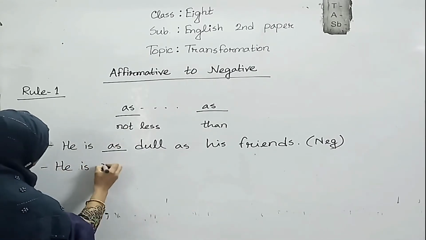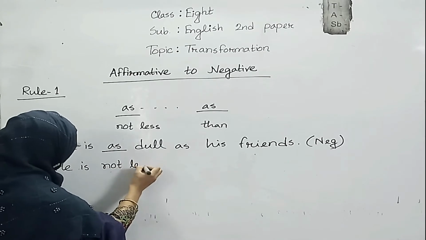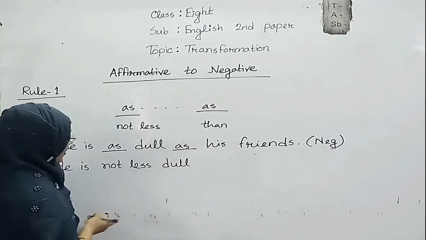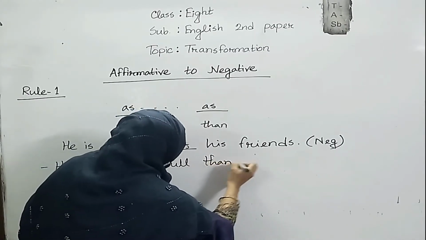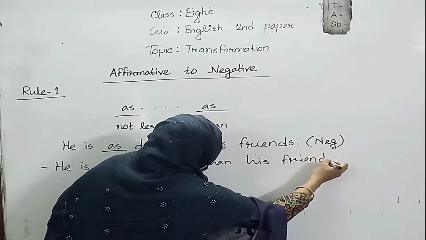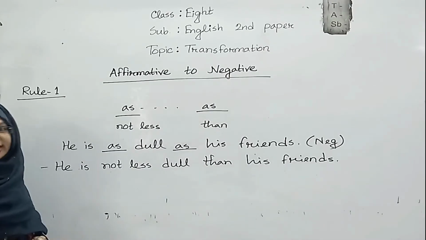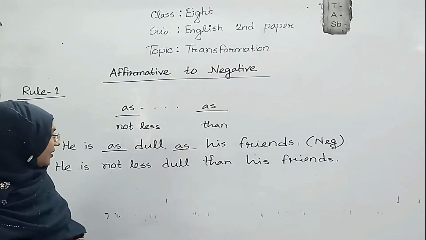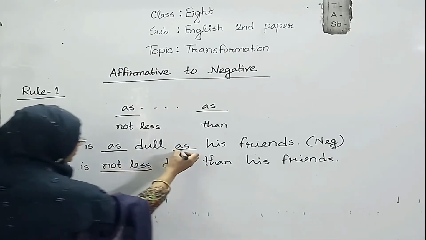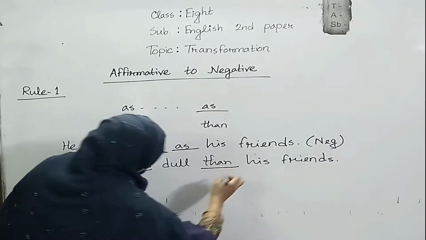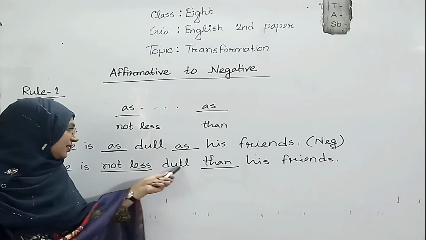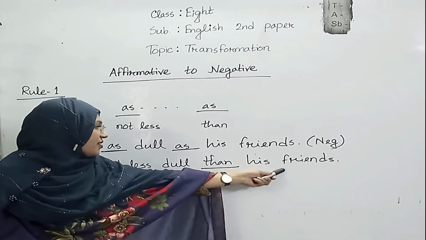He is not less dull, and for the second "as", "than" his friends. It is very easy for you. For "as", not less; for the second "as", than. And the answer is: He is not less dull than his friends.